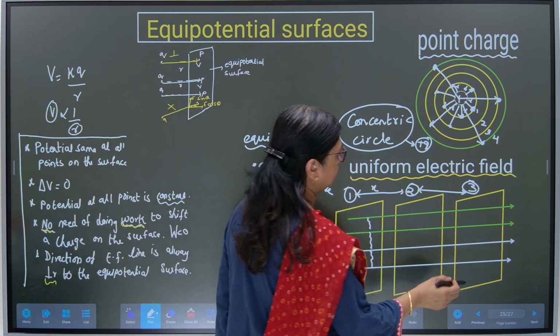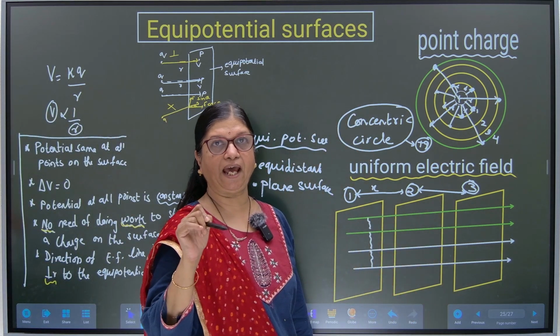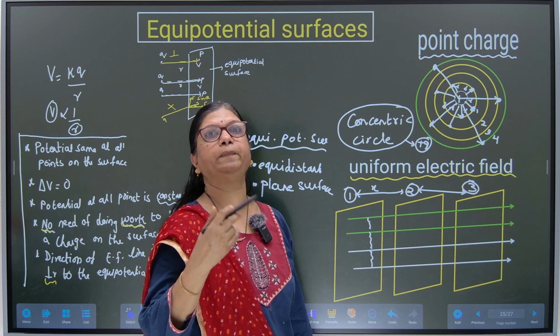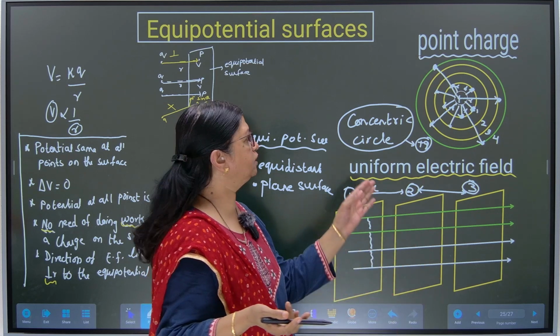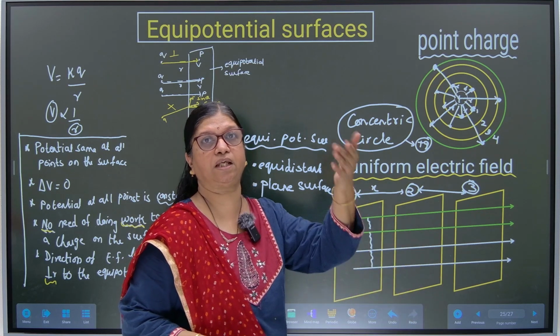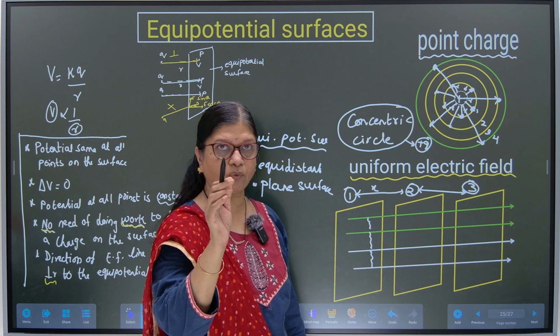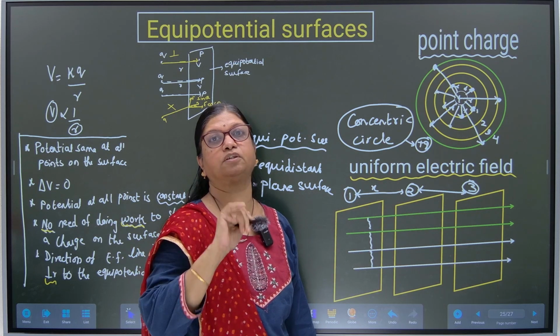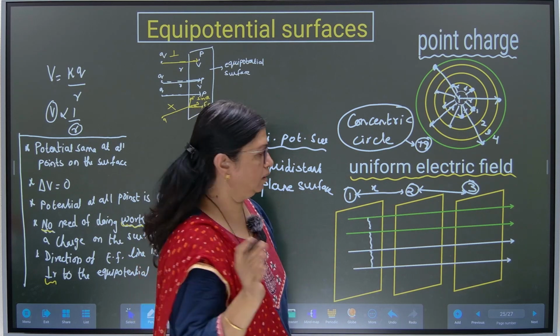Now, moving to the next page, you may have some doubt about what will be the type of equipotential surface for an electric field which is increasing or decreasing. We will talk about that, but first we have to learn another concept, then we shall come back. Okay?